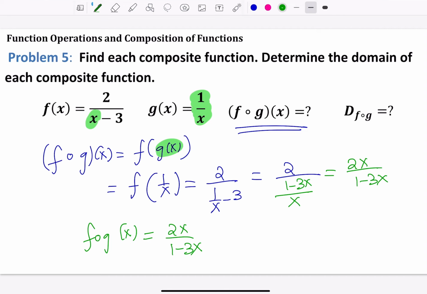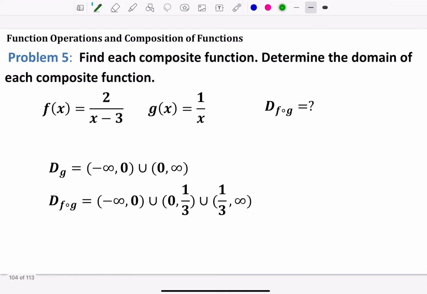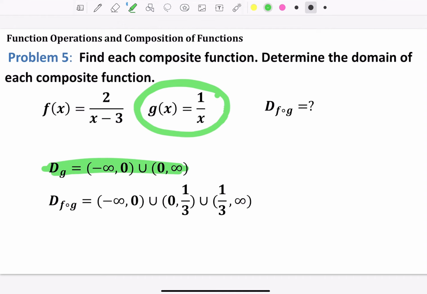Now the domain is going to be all the values in the domain of g such that g of x is in the domain of f of g. So what are the allowed values for the domain of g? For the g function, everything is okay other than 0, because 0 makes the function undefined.